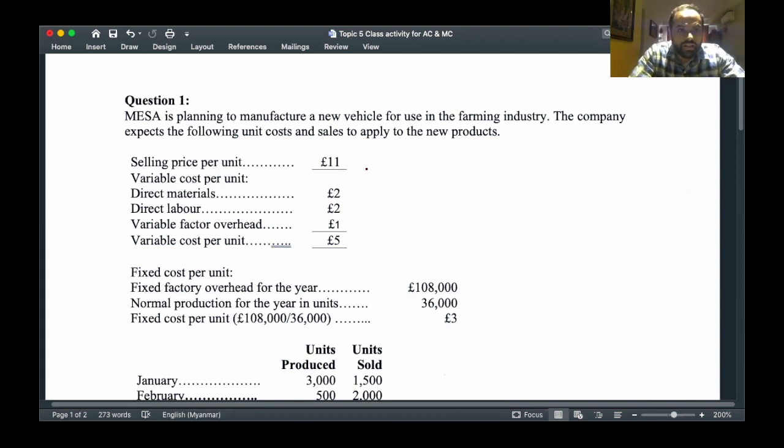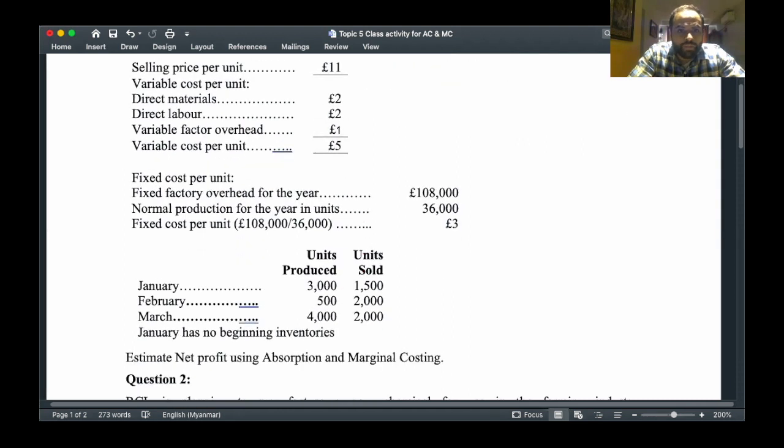So we have selling units, we have £5 as our total variable cost, fixed cost per unit is £3, and we have units produced and units sold for 3 months. So we are calculating net profit by month in question 1.